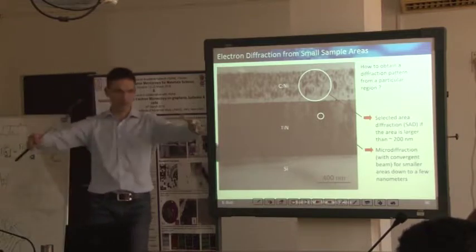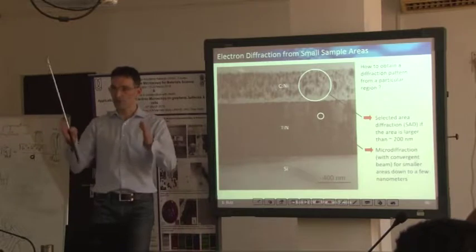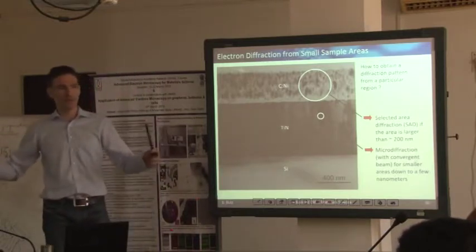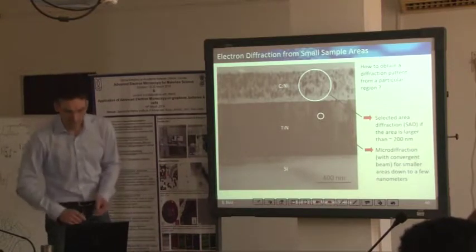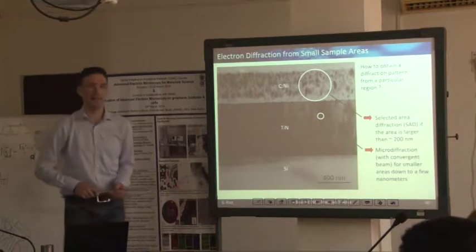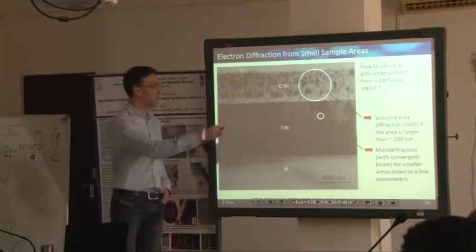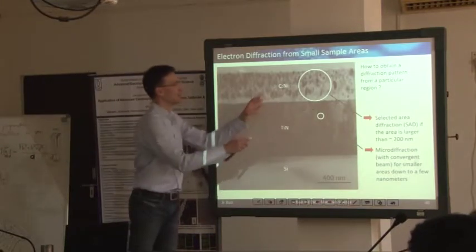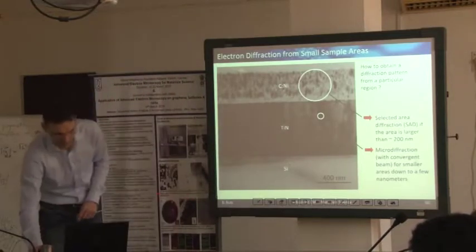Because if you don't cut this beam, which might be pretty broad because you want to achieve a parallel illumination, then you might get some broadening because the crystal might bend, things like that. So we commonly use the selected area aperture, in particular if you have a complex device or structure and you want to select a small area, a small niche of interest.